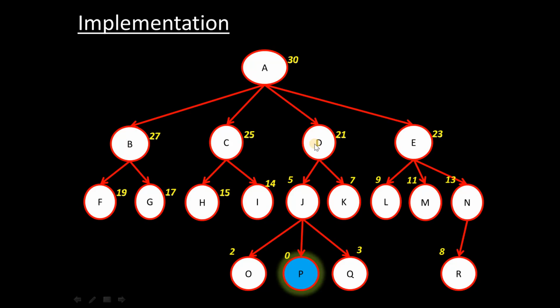That means D goes first, then we insert E, then C, and at last B. So of course we traverse D first in this queue, and after getting D, we think about the child nodes of D. Then we consider the child of the neighbor of D with the lowest cost, that will be J, and we go on with the procedure.